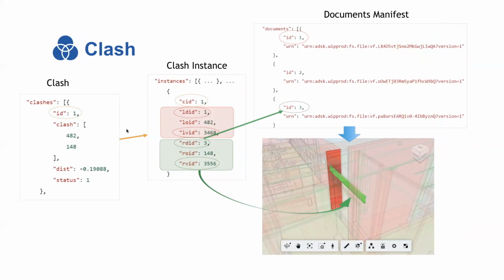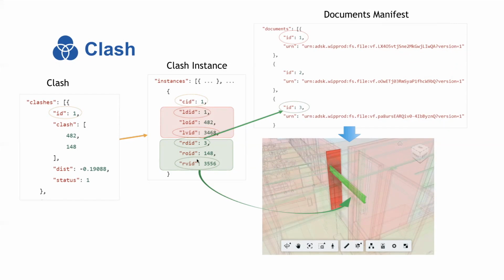You can see the JSON is something like this: clashes, ID, crash. This is a crash, the element ID in the coordination space, and the distance and the current status. And the crash instance, not only the crash ID, these two things are the same, and it also tells you about the LVID and the RVID.